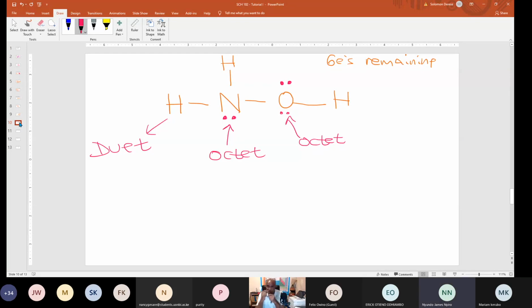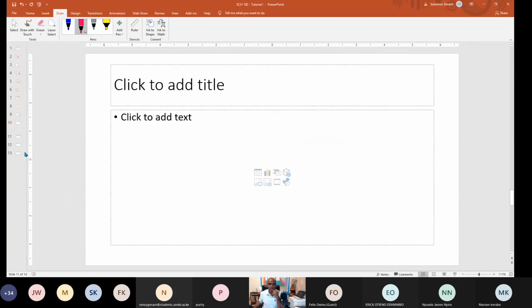Because I know oxygen forms 2 bonds, nitrogen 3 bonds. On the nitrogen I have the lone pair of electrons. On the oxygen I've got 2 lone pairs of electrons. They are satisfied, nothing, no problem at all. That's why I did not bother, but it's very important to do that.